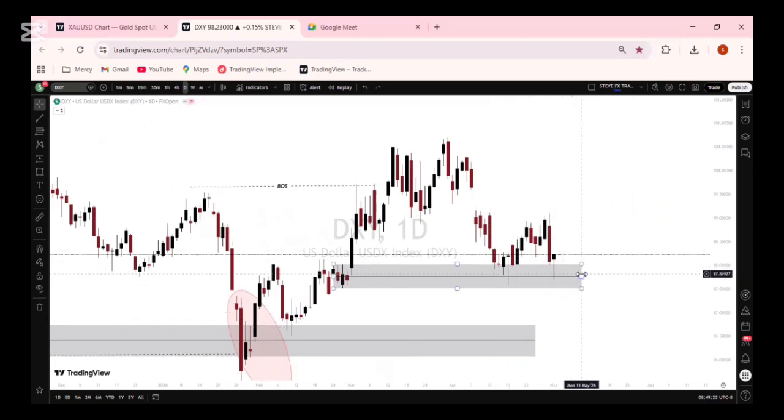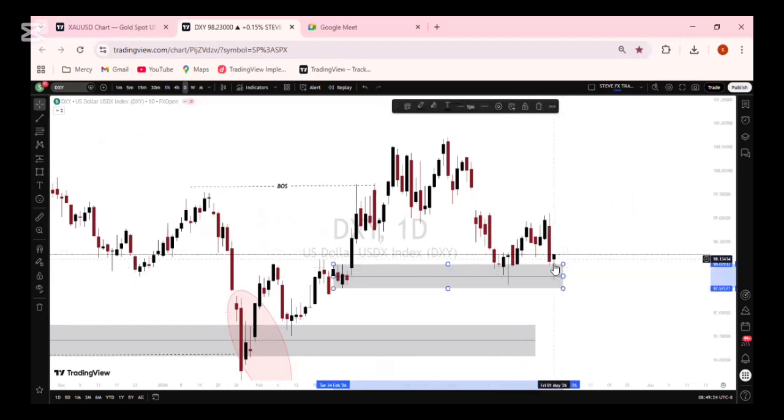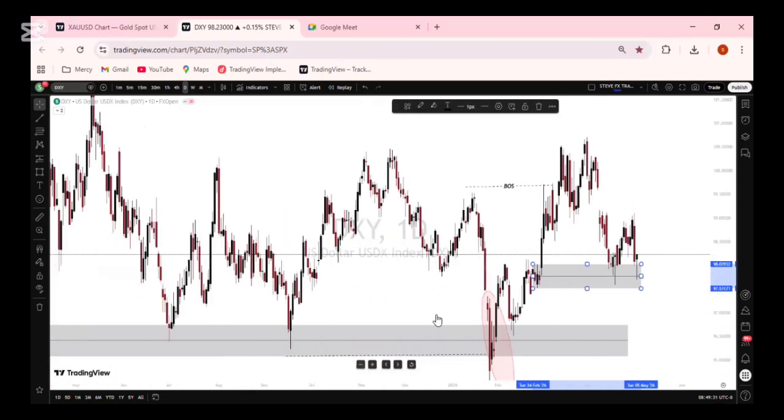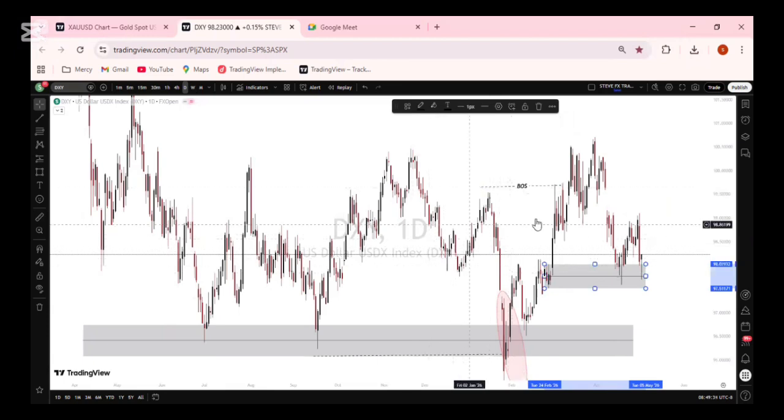The market is reversing, and as you can see, the market is trying to form a bullish candle from that point. So we may see price go upwards from here. We have an unfilled gap at the top as well.